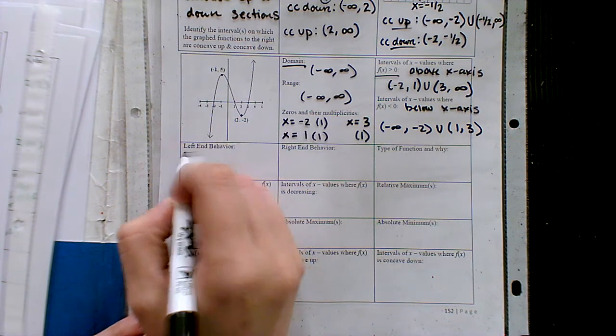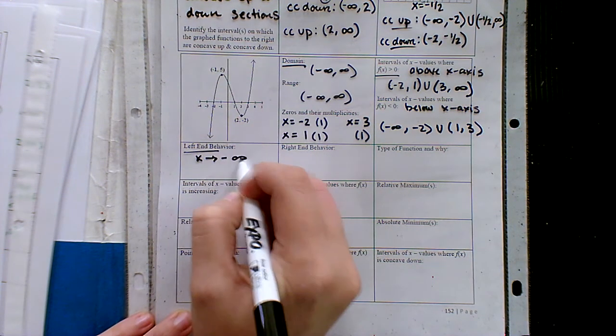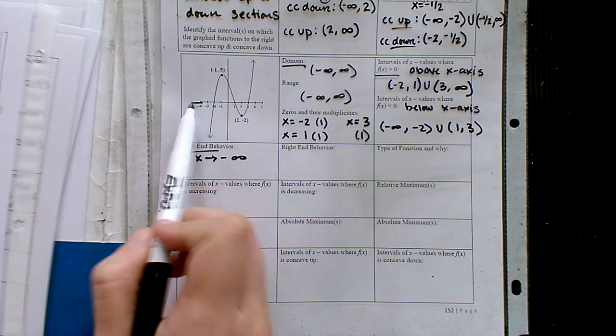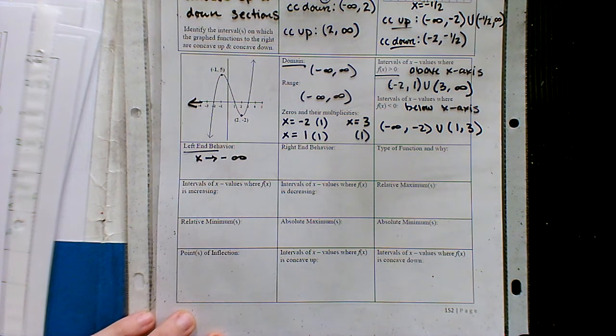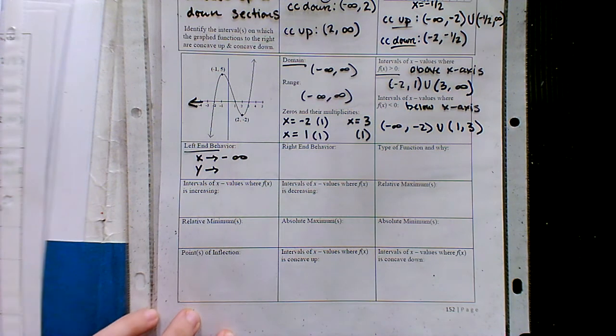All right, let's take a look at left end behavior. So as the x's get very, very negative, as the graph goes to the left, how are the y values of the graph behaving? Are they going up? Are they going down? What's happening on the left-hand side?